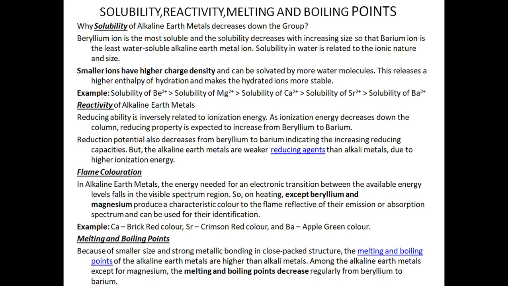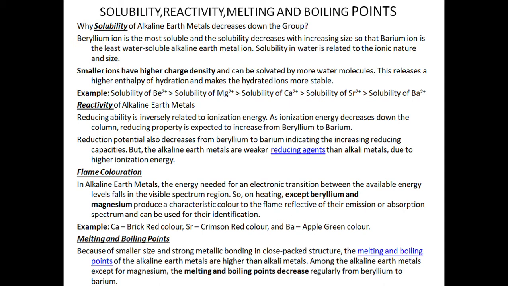Now we see first why solubility of alkaline earth metals decreases down the group. Comparative study of elements from top to bottom of the group. That is, beryllium ion is the most soluble and the solubility decreases with increasing size so that barium ion is the least water soluble alkaline earth metal ion.